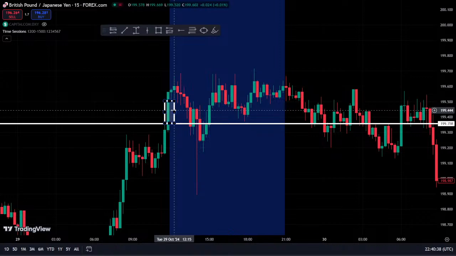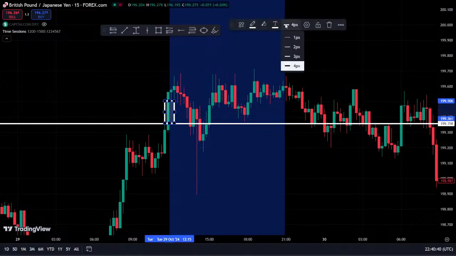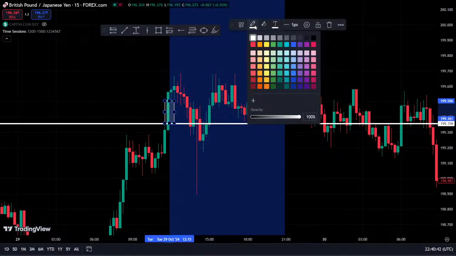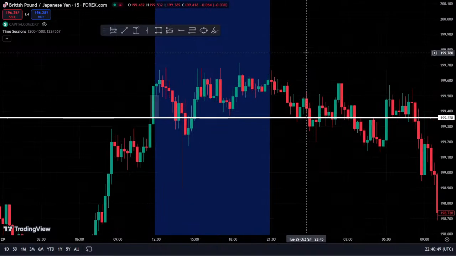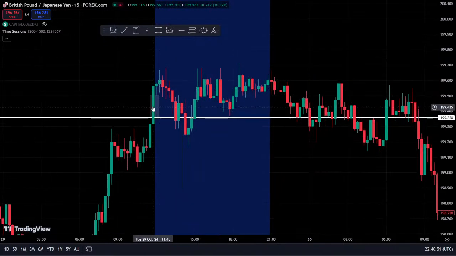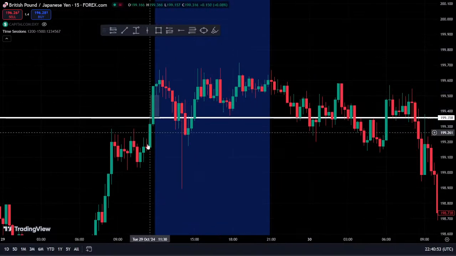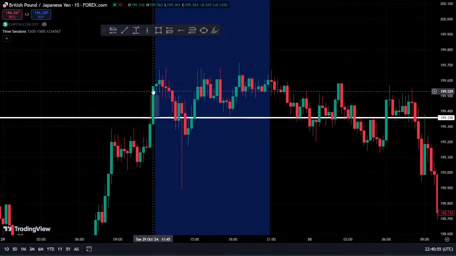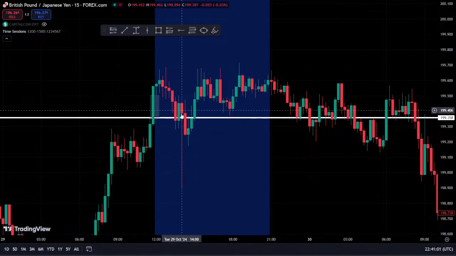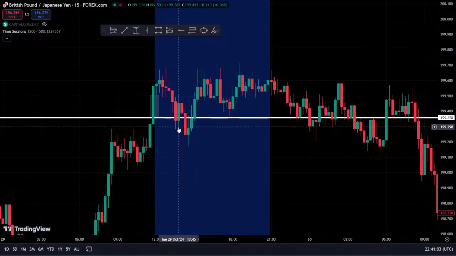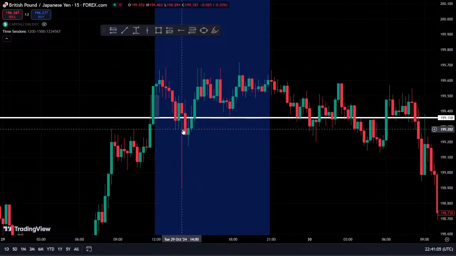There's a fair value gap. Okay, so then look at breaker structure. This is an uptrend, so we're looking at lows. There's no lows here. Then there's a low here. This is underneath it.